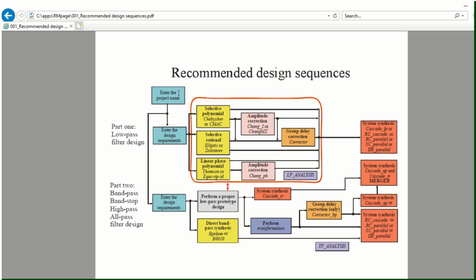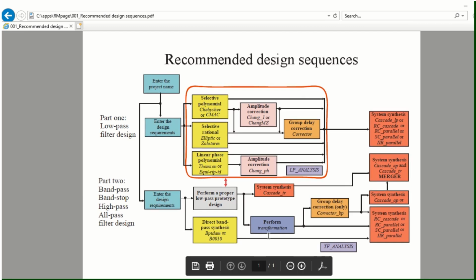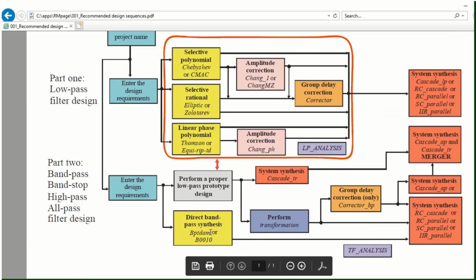Here we will make the plan, which is to enter the project name, then to go to the bandpass design requirements introduction, and then to visit the BPTDAM software or program, which will create the transfer function. Synthesis of the system will be allowed.